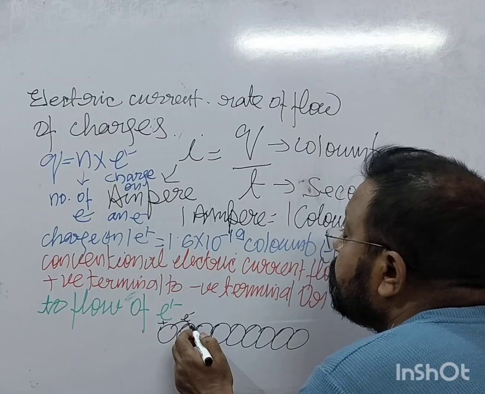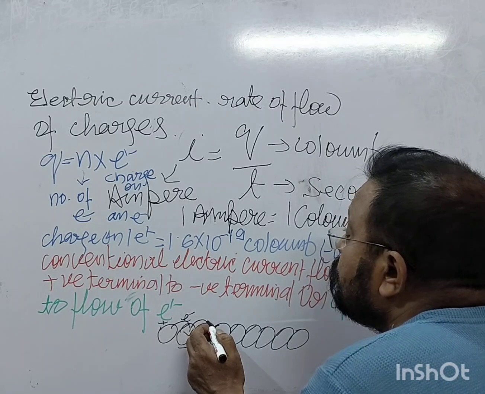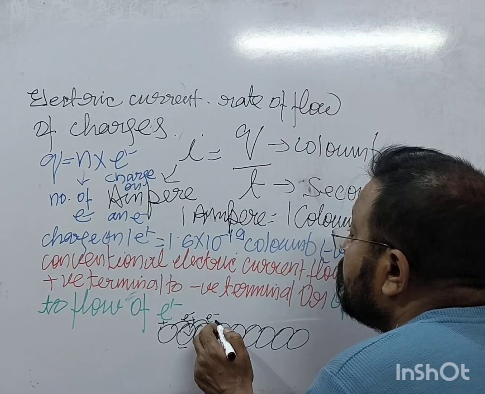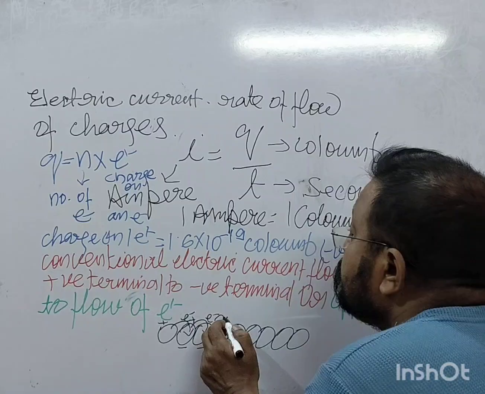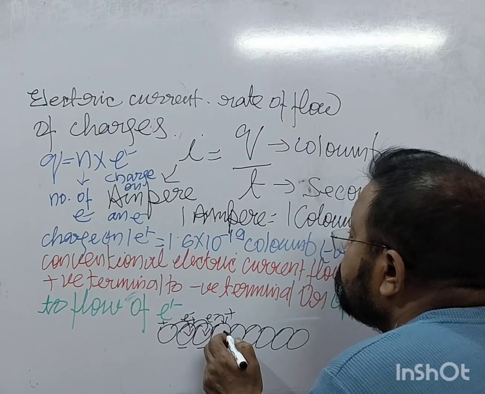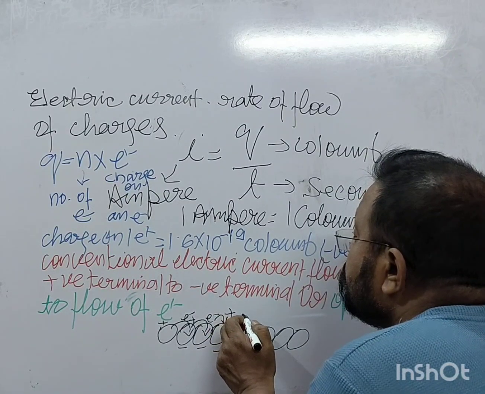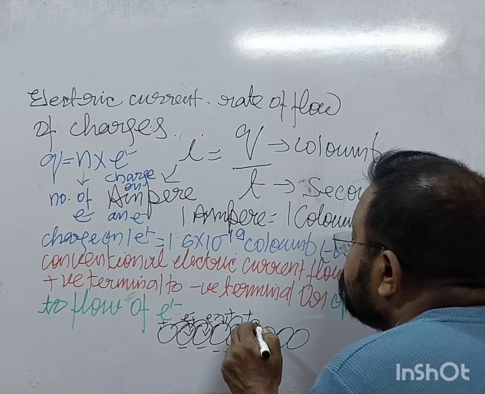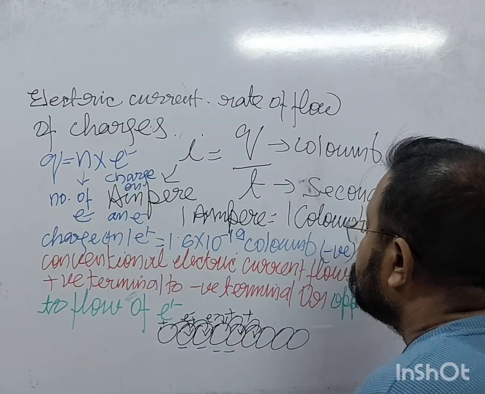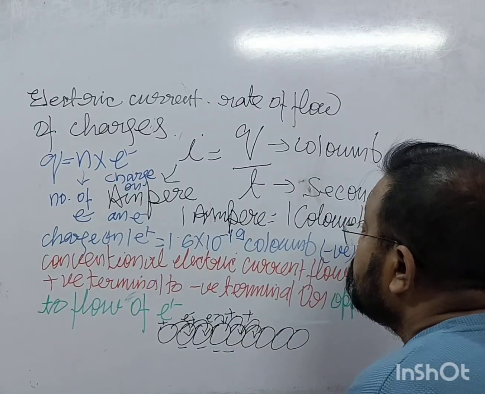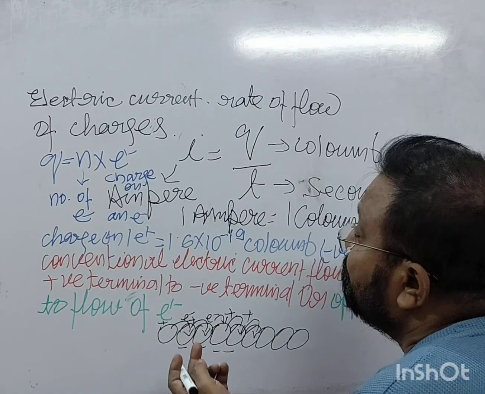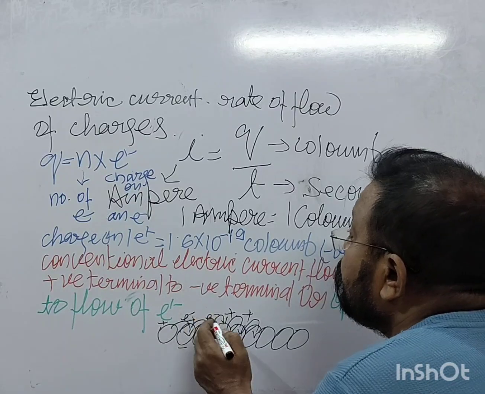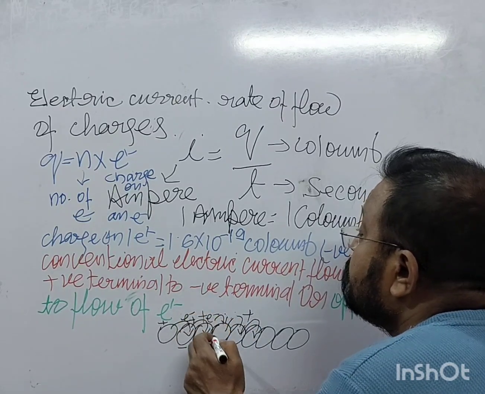Again it gives one electron to the next, so it gets positive charge and the next gets negative charge.